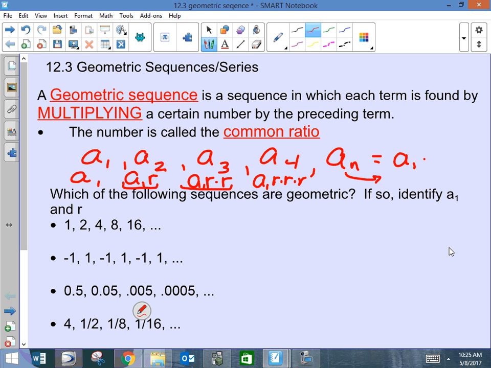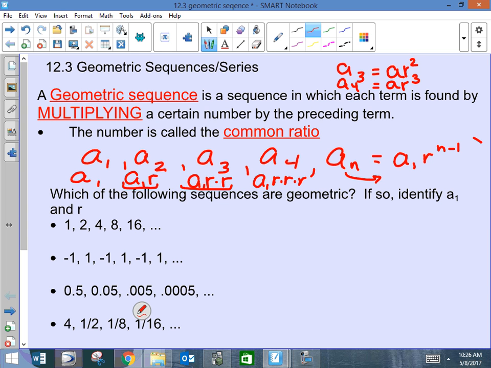R squared, and this is R cubed. So AR squared is A3. A4 is AR to the third. Does that help? Yeah. Okay, there you go.